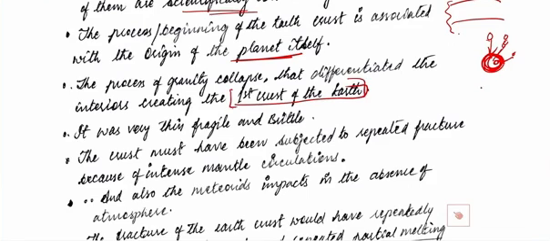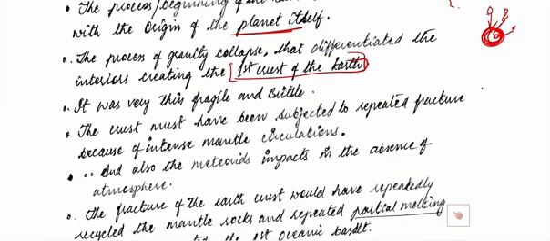Due to gravity, there is a formation of a first layer of crust, and it was very thin, fragile and brittle. In the initial stage, it was very thin and very fragile.